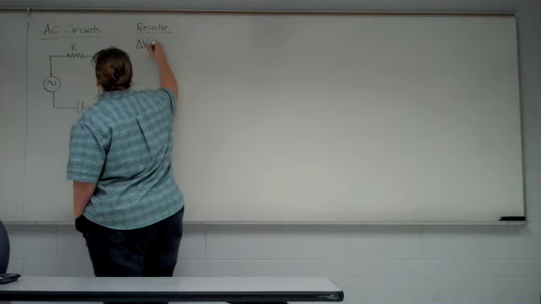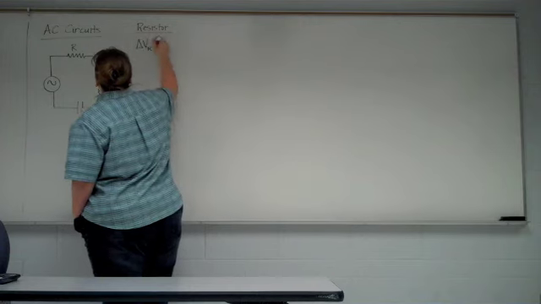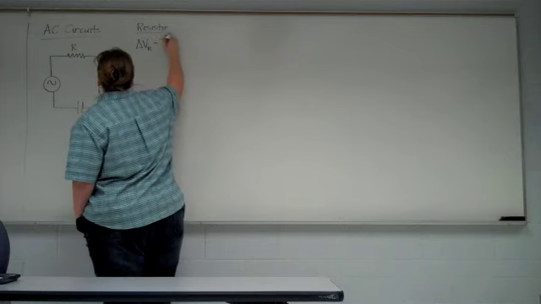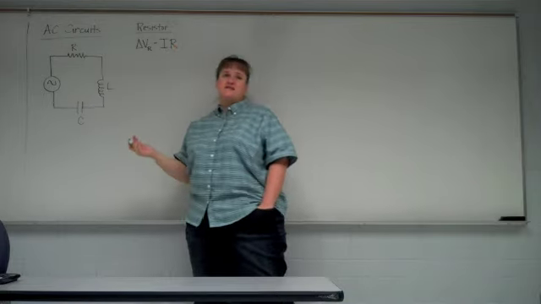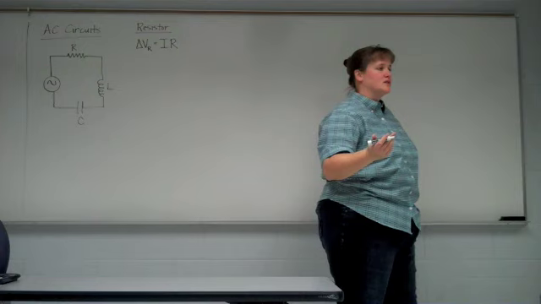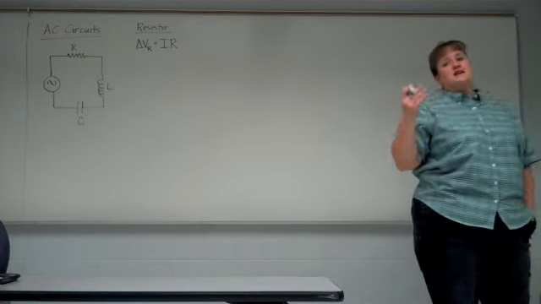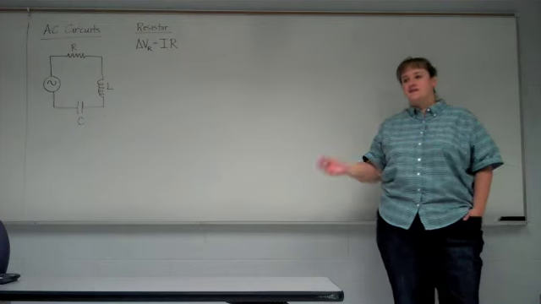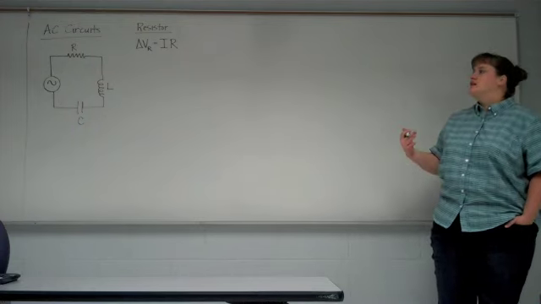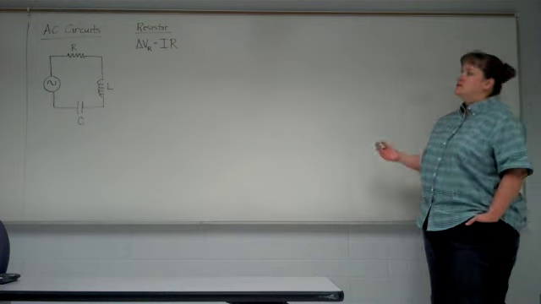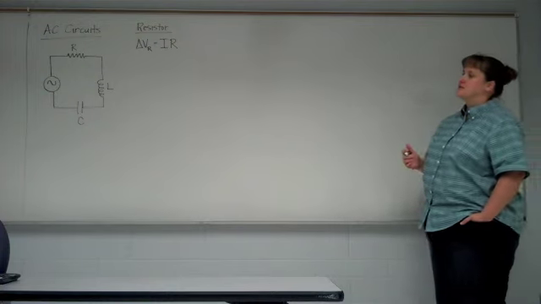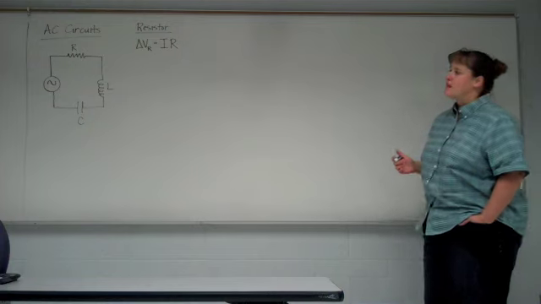The voltage drop across the resistor depends upon the current flowing through it and the resistance. So that's no different from what we've talked about before. The difference is that I is changing. I is a sinusoidal function. It's changing with time. Therefore, the voltage drop across the resistor is changing with time.